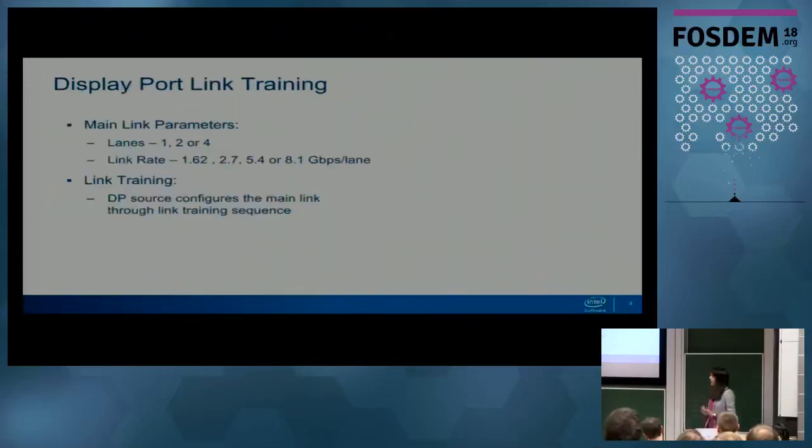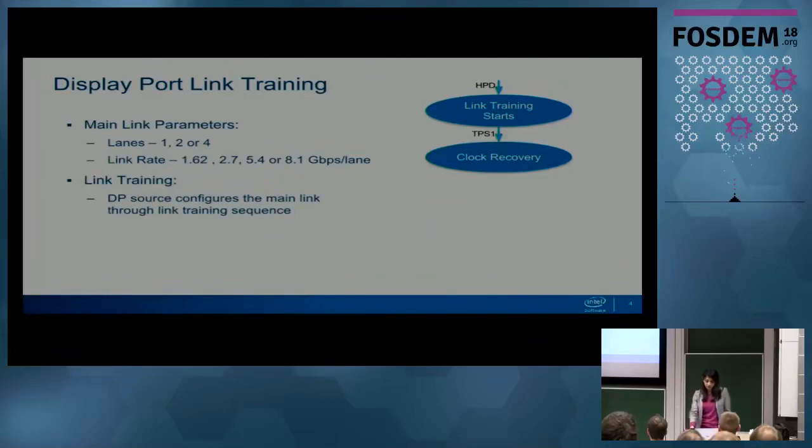The very first thing that happens when you connect the DisplayPort cable is this negotiation sequence between the source and the sink device, which is called DisplayPort link training. So the first signal is the hot plug detect signal. Then the source will start the link training. First, it has to go through the clock recovery sequence, where it sends known training data patterns to lock the clocking information on the DisplayPort receiver end. Then it sends another known training pattern sequence, but this time with a known skew between the two lanes.